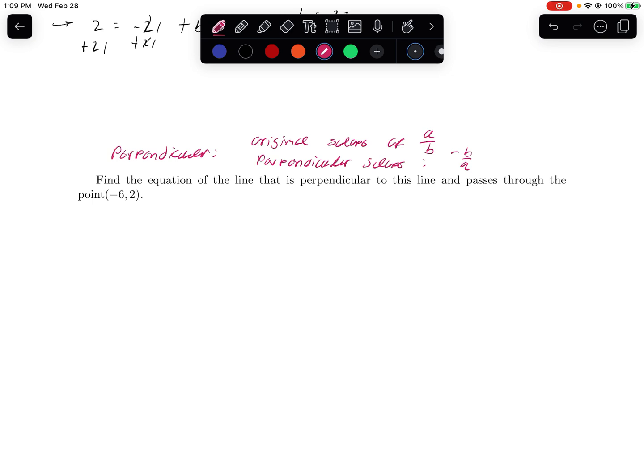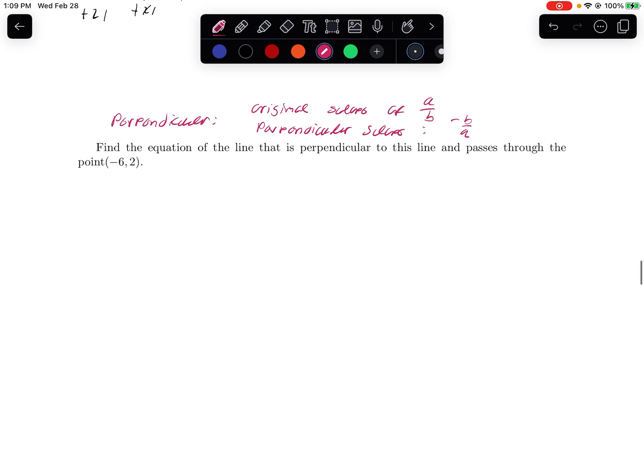So what you do is flip the fraction and change its sign. Or if you just have an integer value, say a slope m, it would be -1 over m. So you're finding the reciprocal and changing its sign.